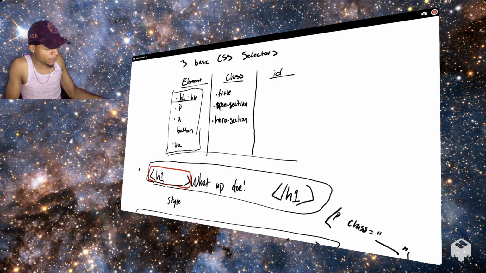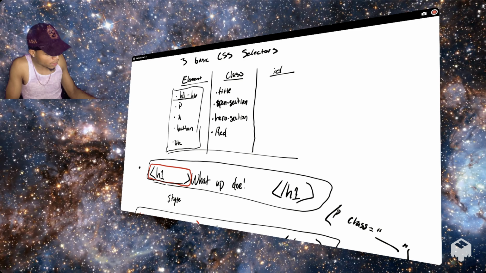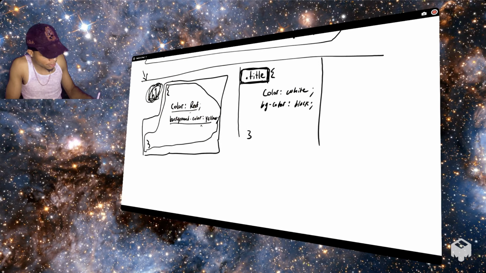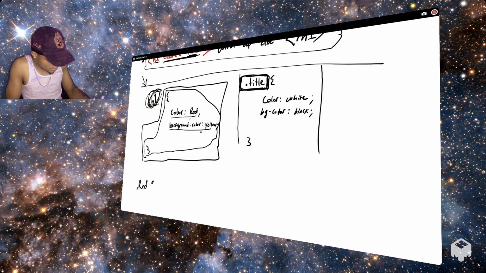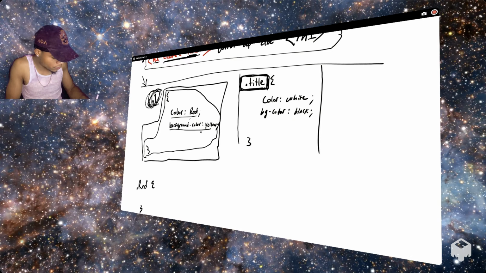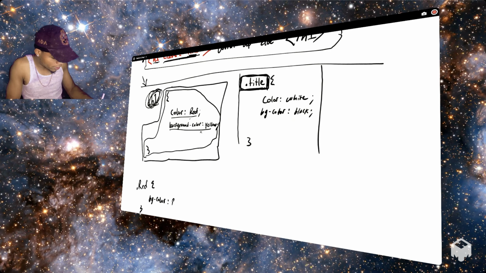And if you think about it, what if we had a red class like this? We went to the CSS and we created this red class, and all this red class did was set the background color to red.